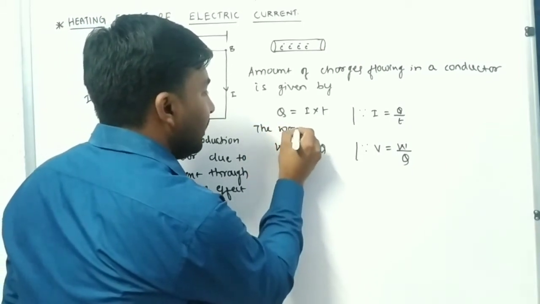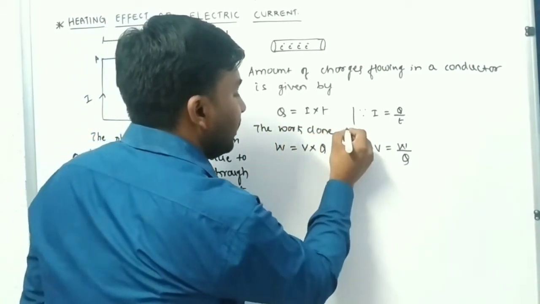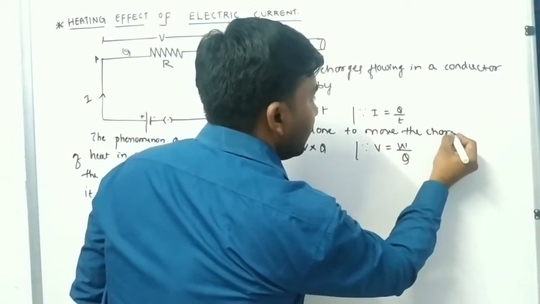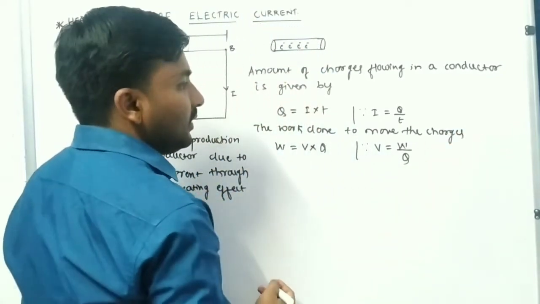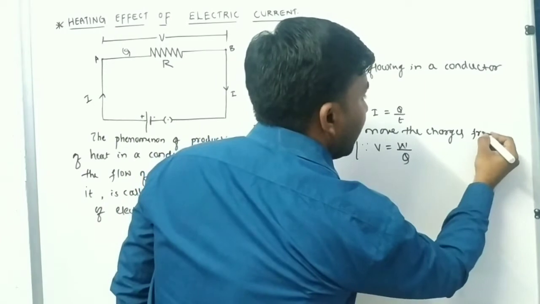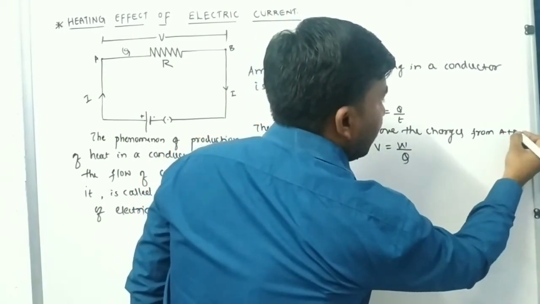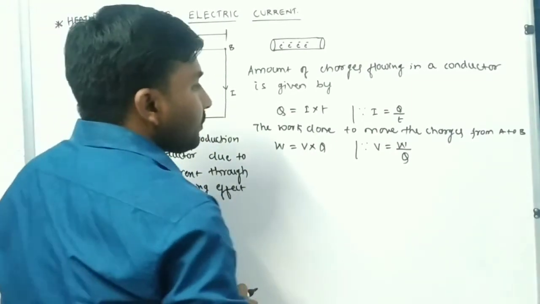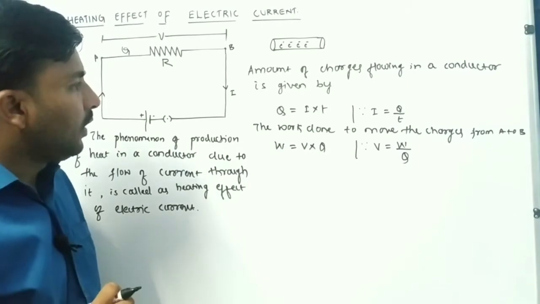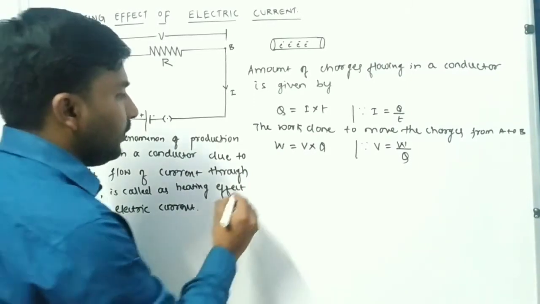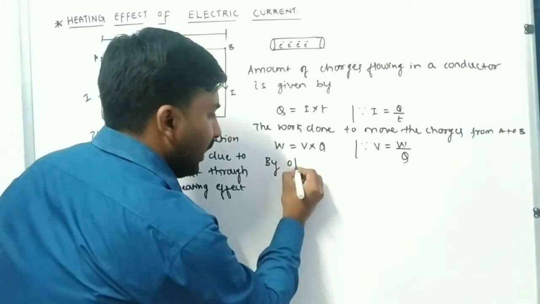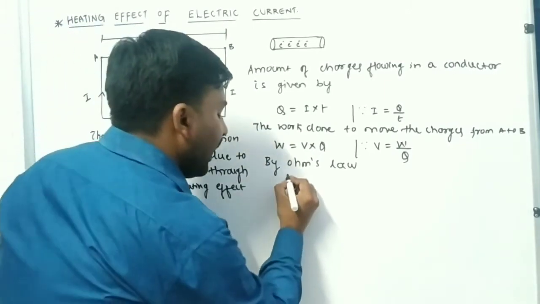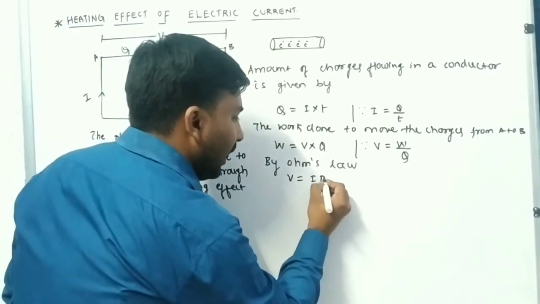The work done to move the charges from A to B. Right. Now, by Ohm's law, we have V is equal to I into R.